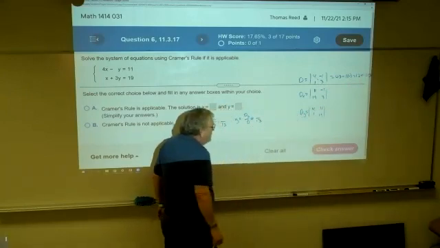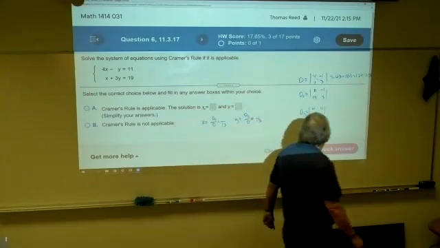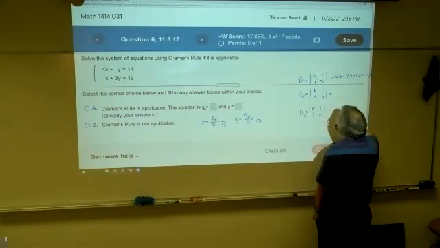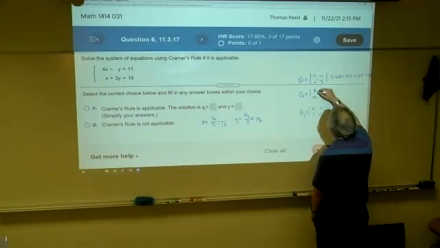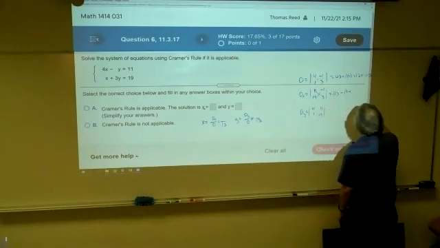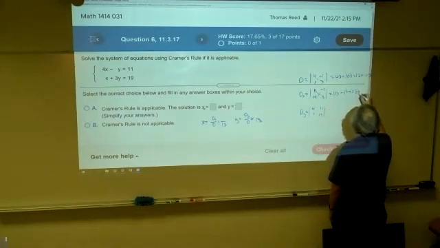So I know the denominator of both those fractions. So now this one, the d sub x, I'm going to multiply the 11 times the 3, and I'm going to subtract the 19 times the negative 1. 11 times 3 is 33.